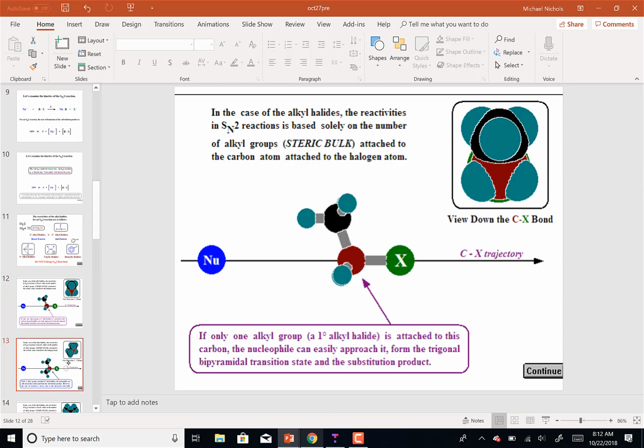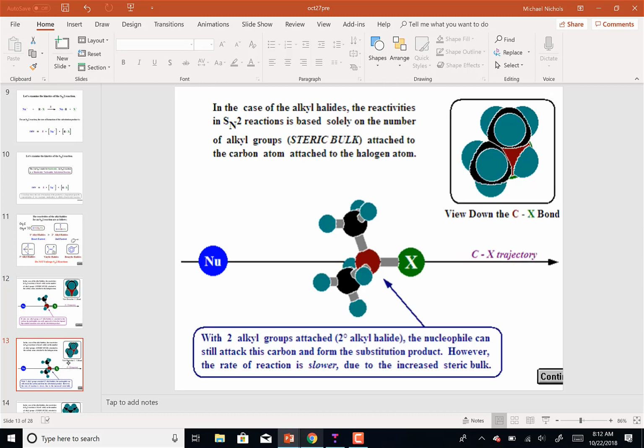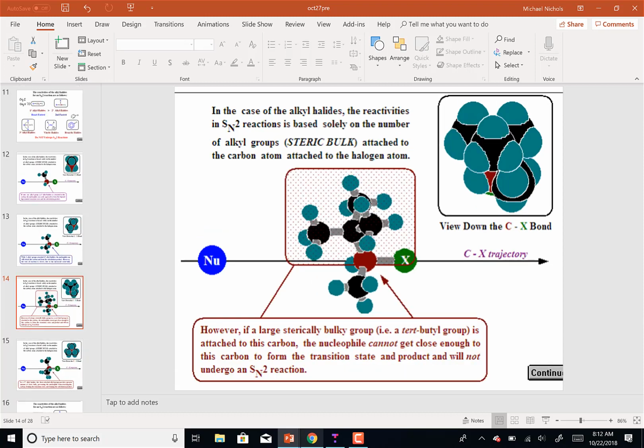As I start to add more steric hindrance with methyl groups, that area for the nucleophile to overlap its orbital is getting smaller. And then by the time you get to a tertiary, or in this case a very sterically hindered secondary, there's just nowhere for the nucleophile to attack from the backside.